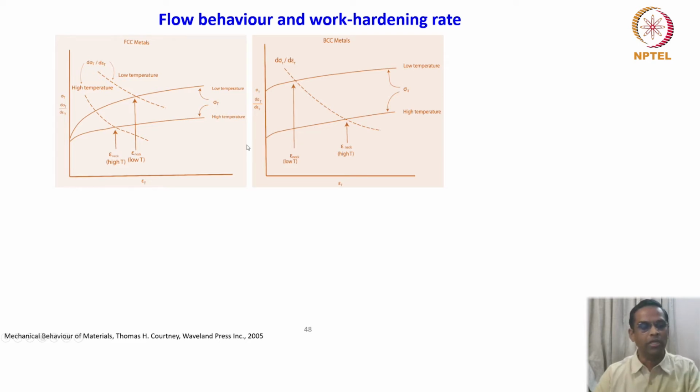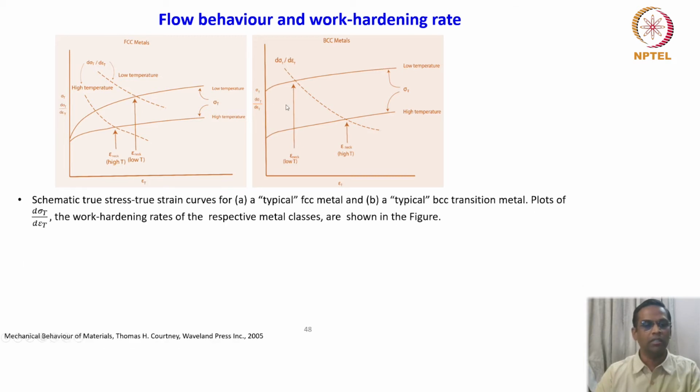So what is the primary difference? As we have already seen, FCC metals do not show any significant influence of temperature on yield stress. On the other hand, BCC metals exhibit significant influence of temperature. Okay, so that is the first observation.